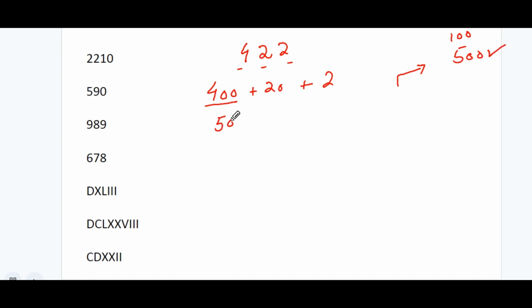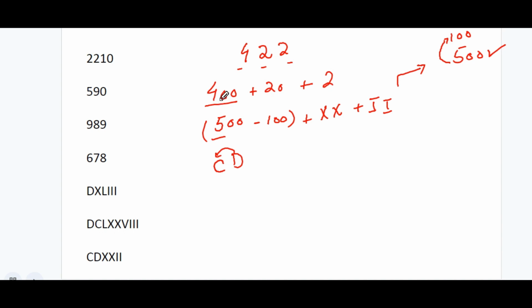So 500 minus 100 will give me 400. Remember, 500 minus 100 is going to give me 400, and then 20 means 2 times 10, that is X, and 2 means 1, 1. Okay, so 500 is D, and 100 is C. So at the back of D I need to write my C.